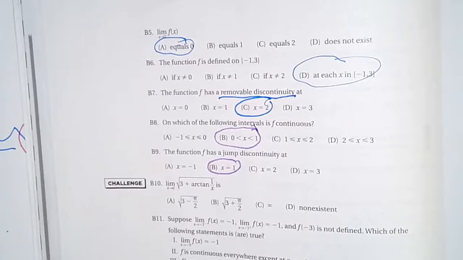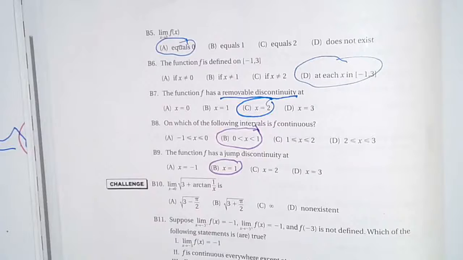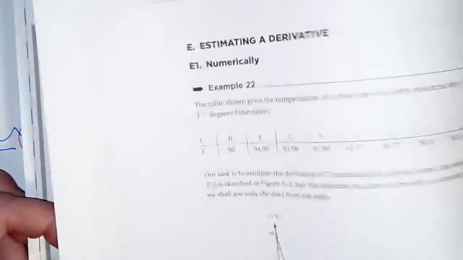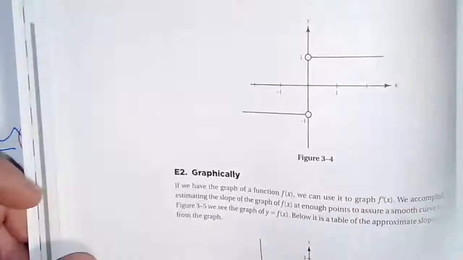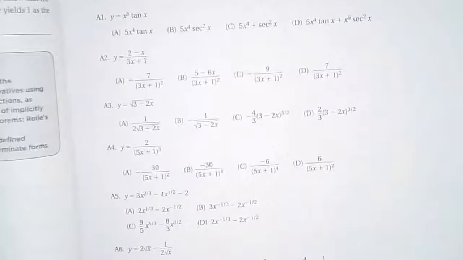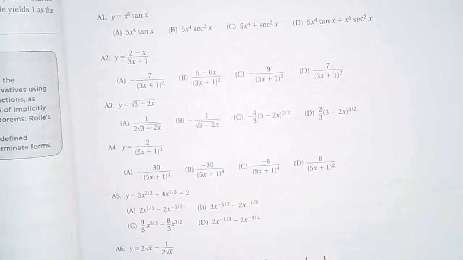Now the problems you are going to work on tomorrow, and I will be available for in-class help, is if you have the new review book, it's just going to be about derivatives. We're going to turn to page 141, and you are going to do problems.